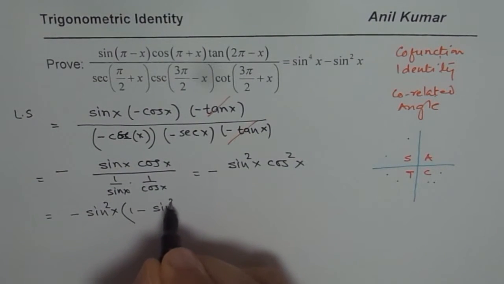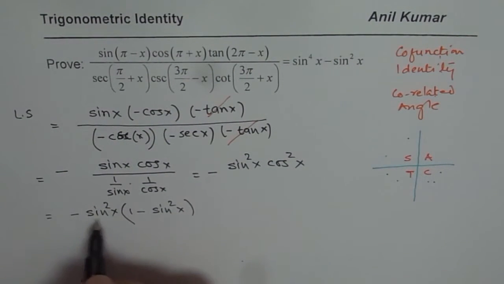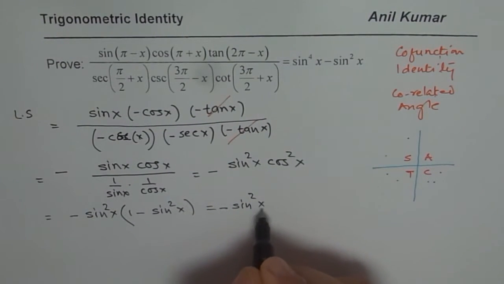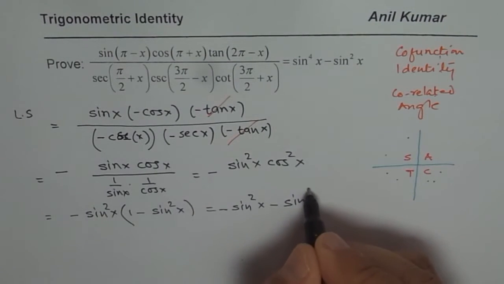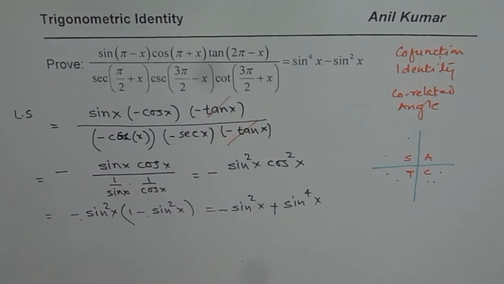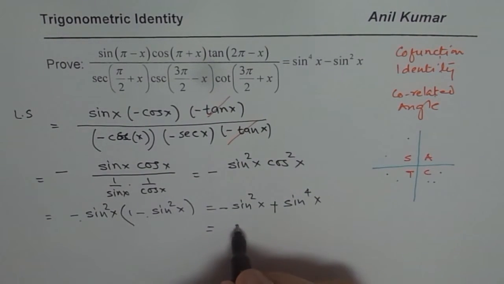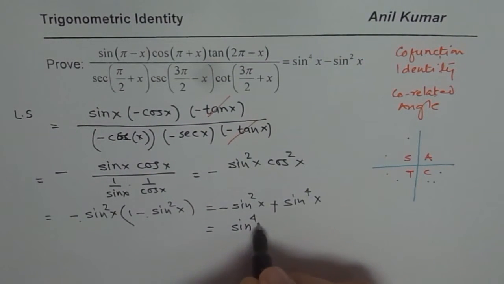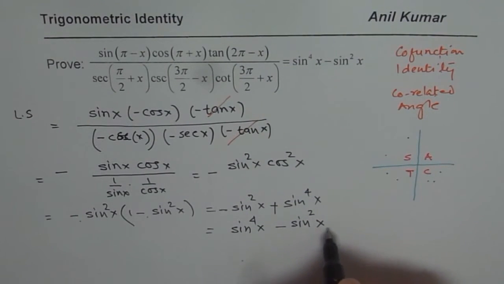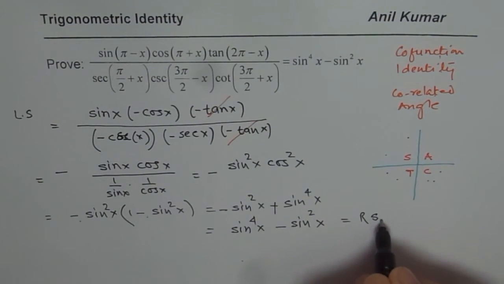And now we'll just open this bracket, so we get minus sine square x minus sine to the power of 4x, with plus sign, minus and minus will give us plus. And we will rearrange to write exactly as we need, which is sine to the power of 4x minus sine square x, which is the right side.